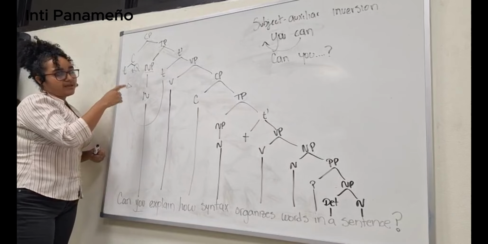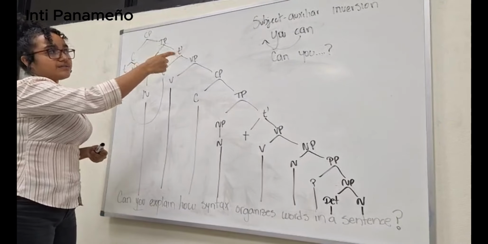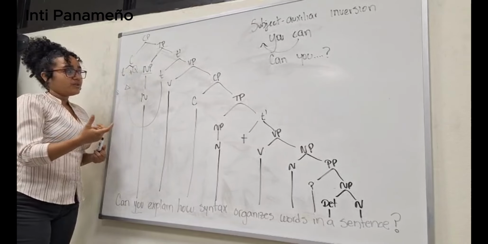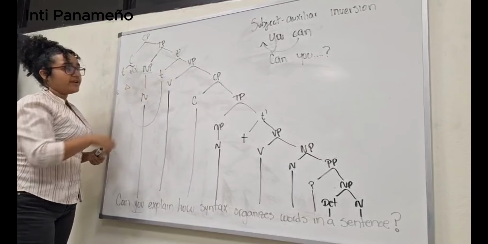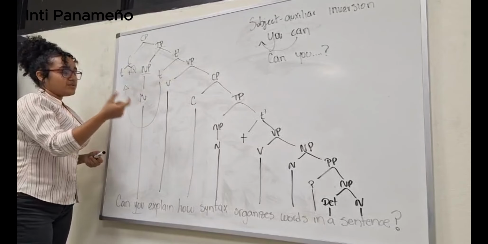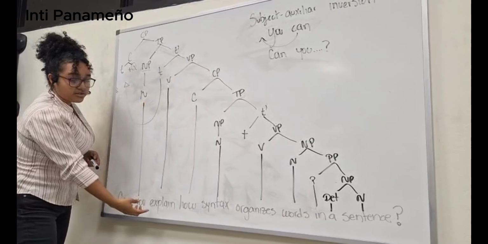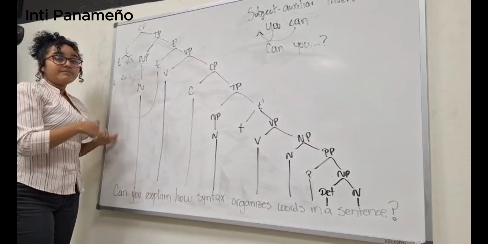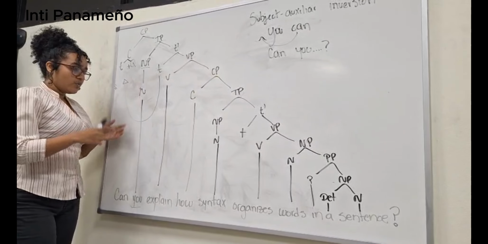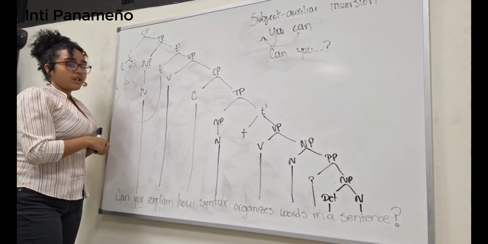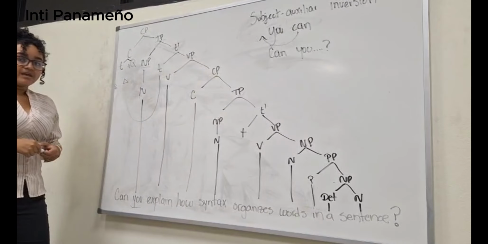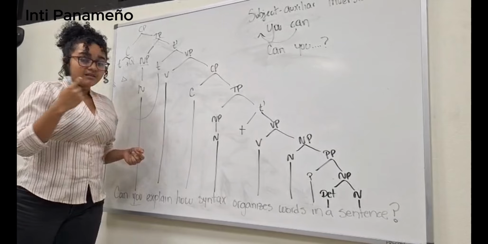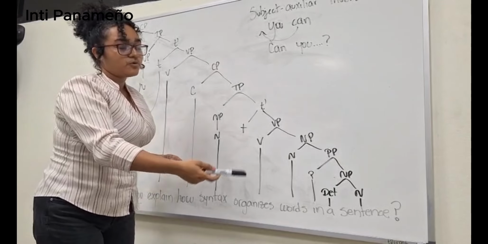So that is called a subject auxiliary inversion. So continue with the verb phrase. We have that it is divided in a verb, which is explain, and also in a complement phrase, because we have both clauses here. We have both, can you explain, and how syntax organizes words in a sentence.